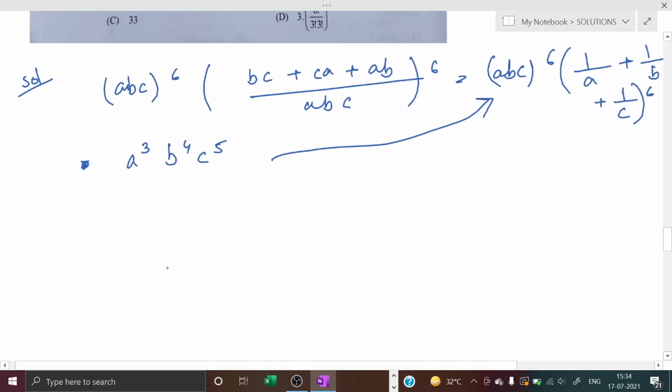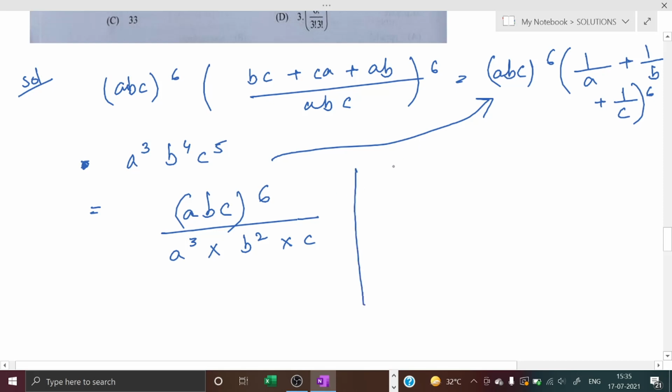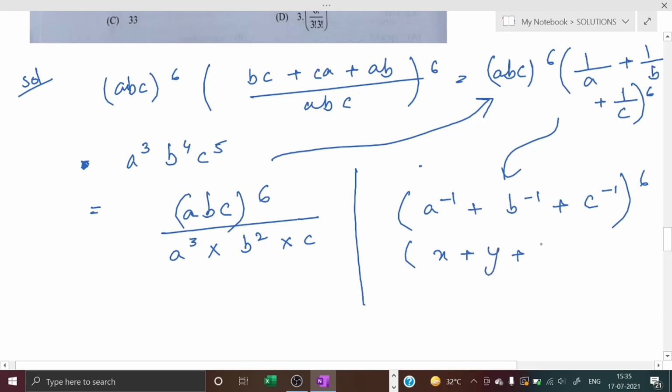So this would be equal to (ABC)^6 by A^3 B^2 C, right? So we have (A^-1 + B^-1 + C^-1)^6, that is (x + y + z)^6.